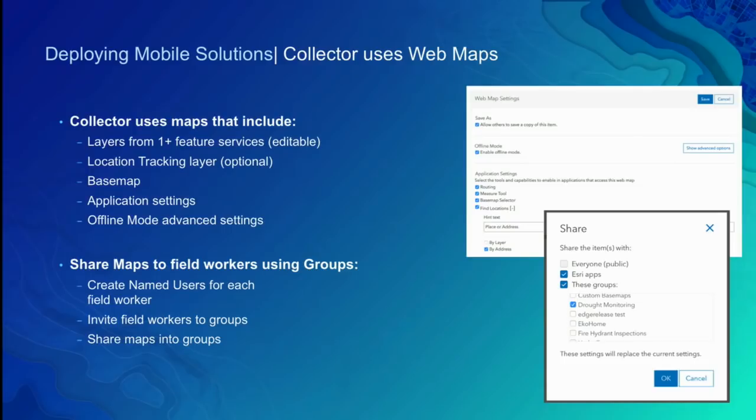And like everything else within ArcGIS Online, or the portal within ArcGIS Enterprise, the way that your field workforce accesses the maps within Collector when they sign in is that they are a member of a group. So the maps that you create, like Doug created the hazards map, you share that into a group, your users sign into that group, and then they can access those maps.